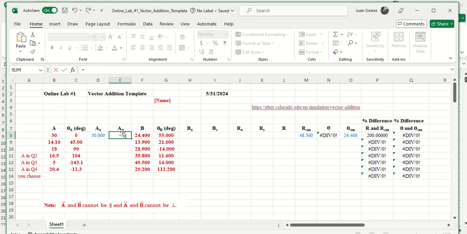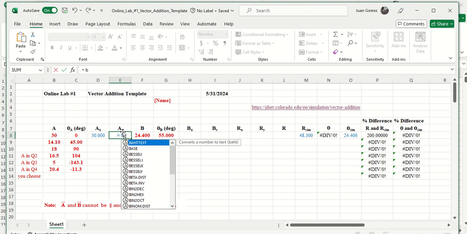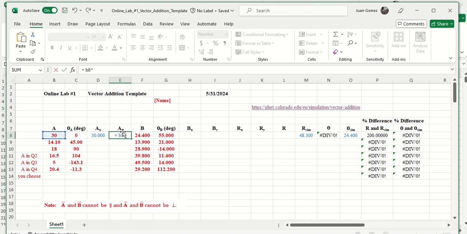Again, B8 times, the asterisk, then instead of cosine, it's sine. The angle theta A is column C, so it's C8 times, remember to do pi, empty parentheses, then divided by 180. Make sure you close the parentheses, then hit check. And of course the y component should be 0.